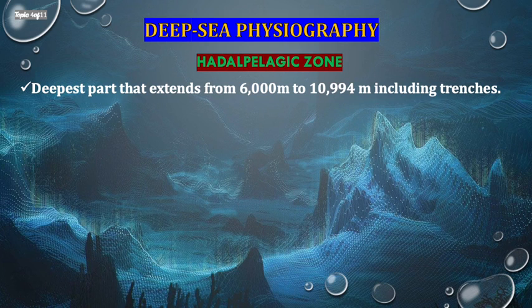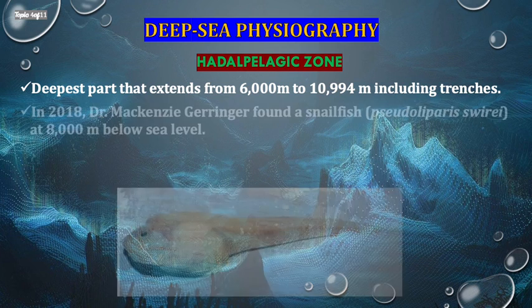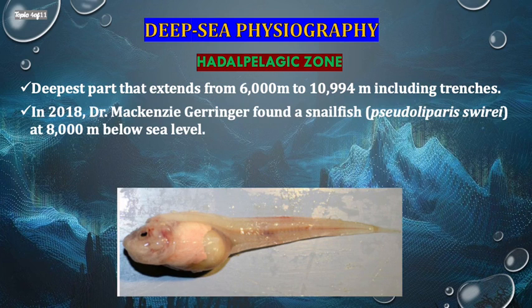And finally, the hadal pelagic zone is the deepest part of the ocean. It extends from 6,000 meters to about 10,994 meters, and that includes the deepest trenches, like the Mariana Trench. Just recently in 2018, Dr. Jamieson found a snailfish at 8,000 meters in the Mariana Trench.